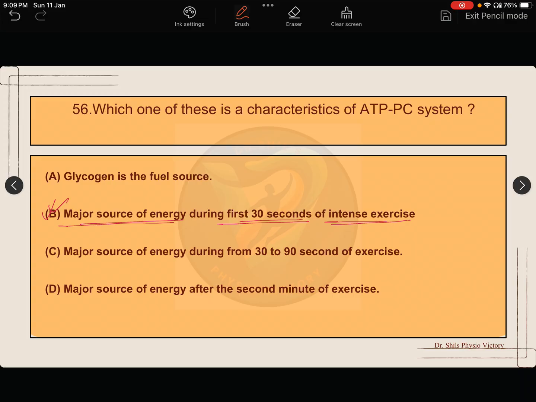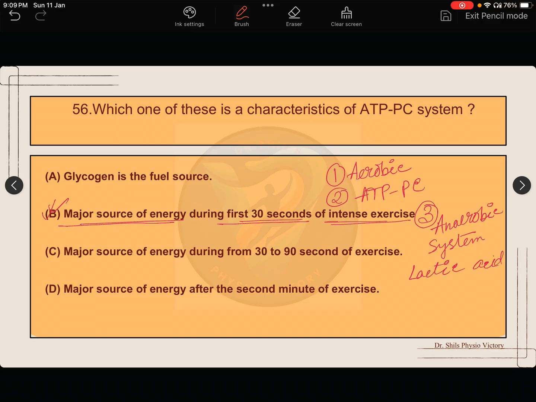Basically, there are three energy systems. One is the aerobic system, two is the ATP-PC system, and three is the anaerobic system or lactic acid system.